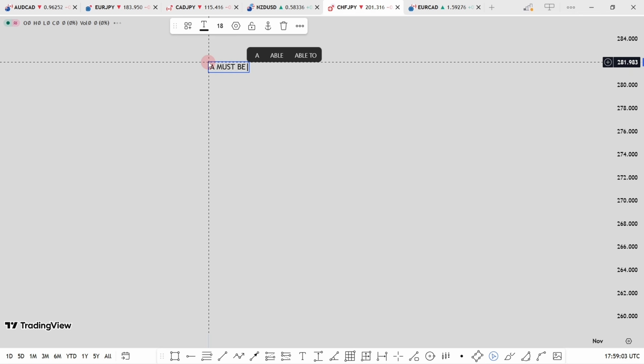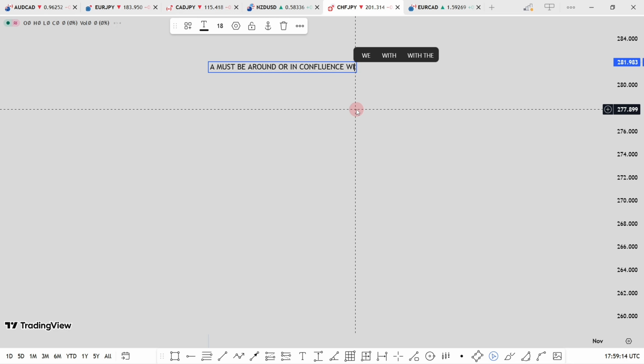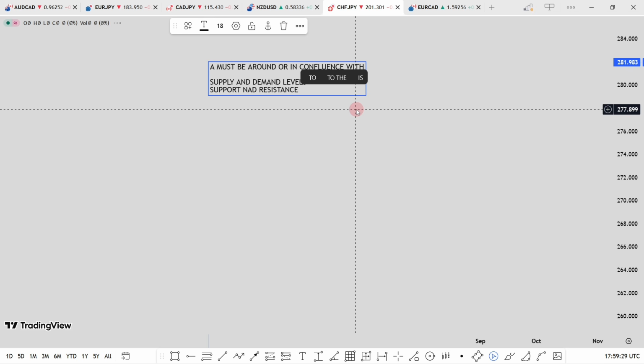must be around or in confluence with supply and demand levels, support and resistance levels or areas, anyhow you want to call it.